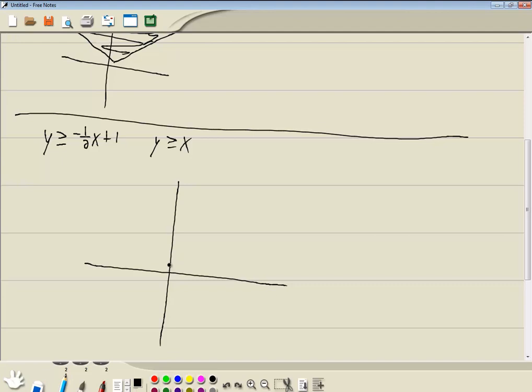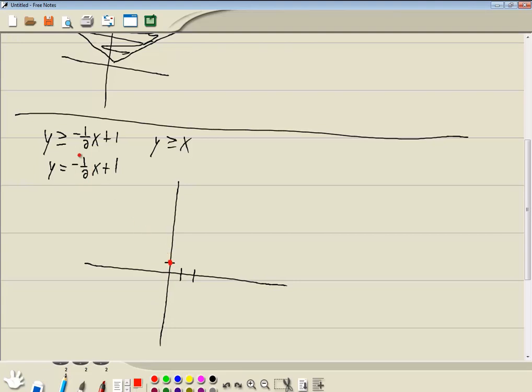For the first one here, if I were to put an equals here and pretend this is a line, this is y is equal to negative 1/2 x plus 1. That 1 at the end is our y-intercept, which means we're going to put a point at 1.